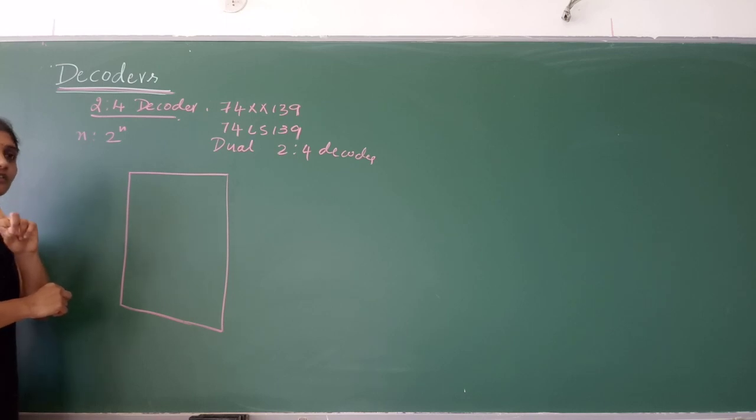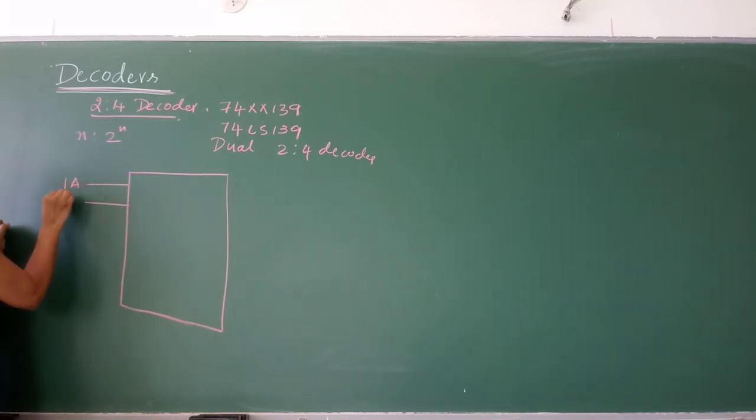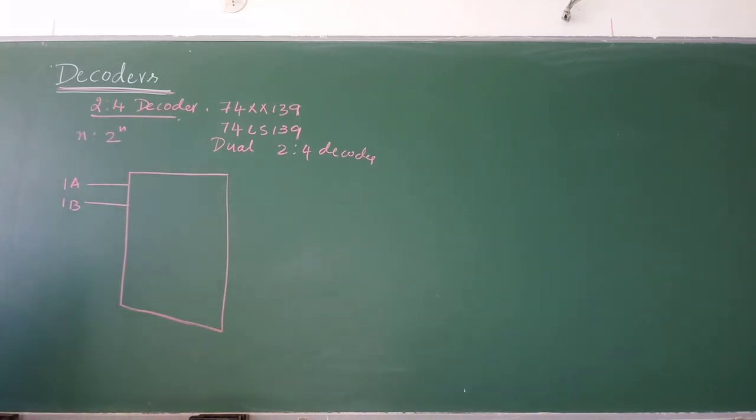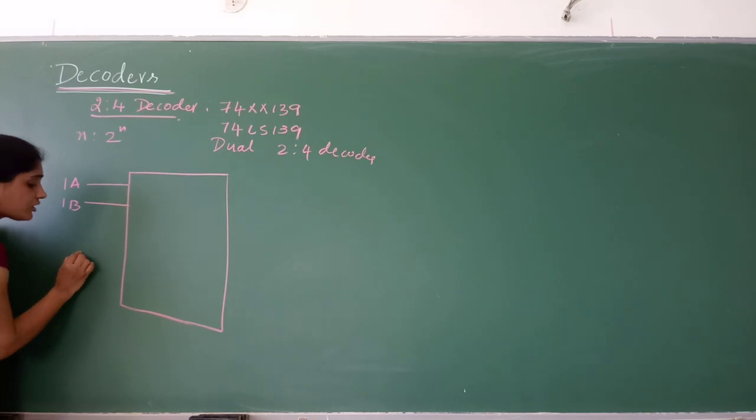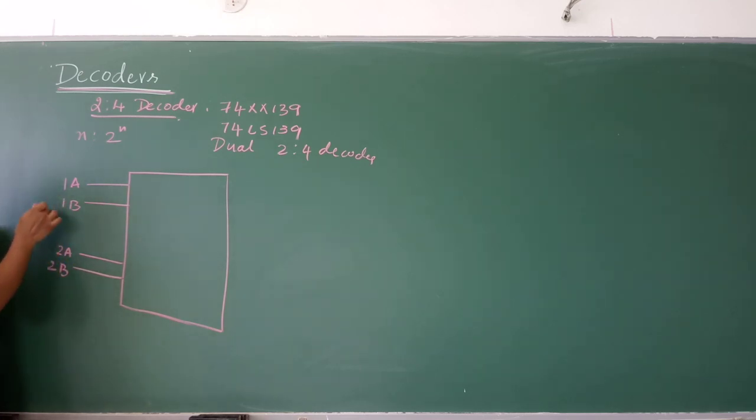Let me call the inputs 1A, 1B. Why am I writing 1A, 1B? Because in this we have two 2:4 decoders. For the first decoder, let me call the inputs 1A, 1B. For the second decoder, let me call the inputs 2A, 2B.